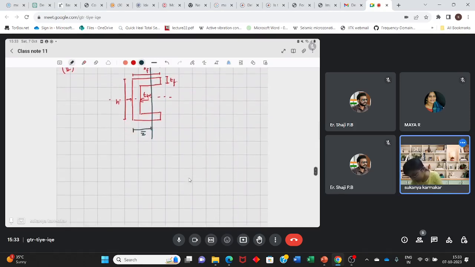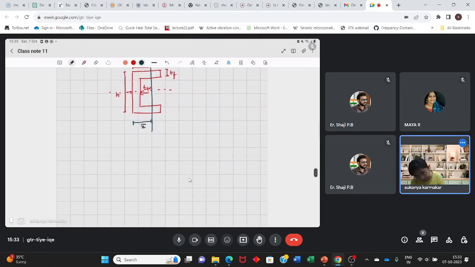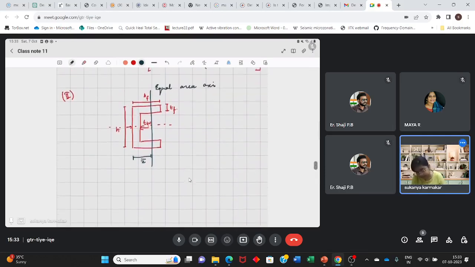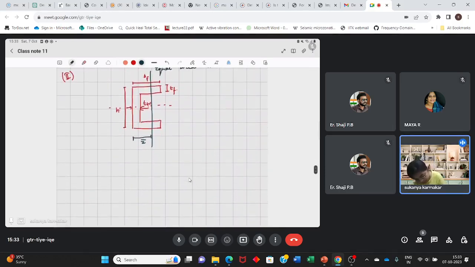Let's first write the area to the left of this equal area axis. It will be h into tw, plus 2 times the thickness of the flange. H into tw means the first term is done.